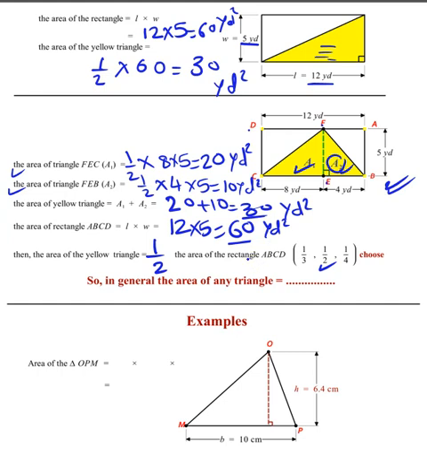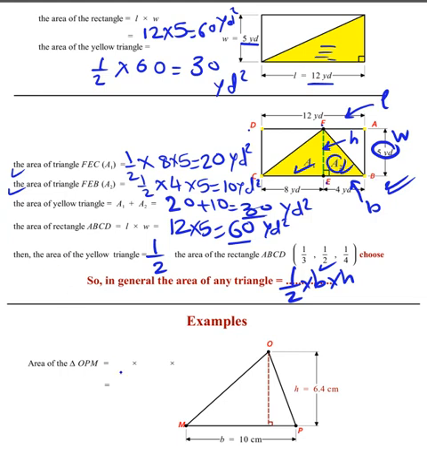So in general, the area of any triangle is half times base times height. This side according to the rectangle is called width, but according to the triangle is called height. And this length according to the rectangle is called length, but according to the yellow triangle is called base. Okay?